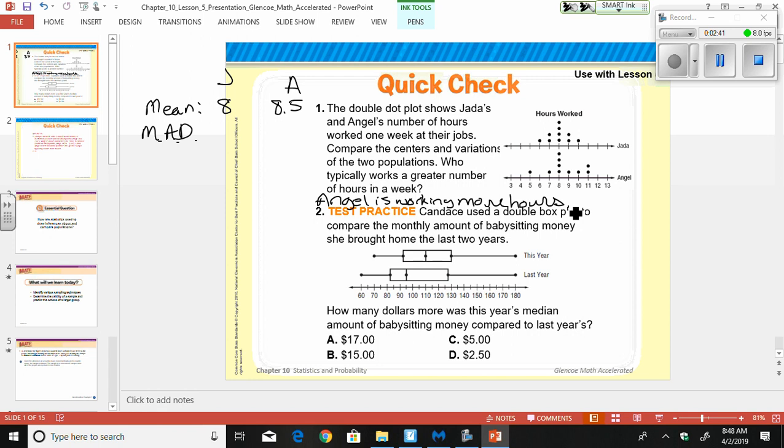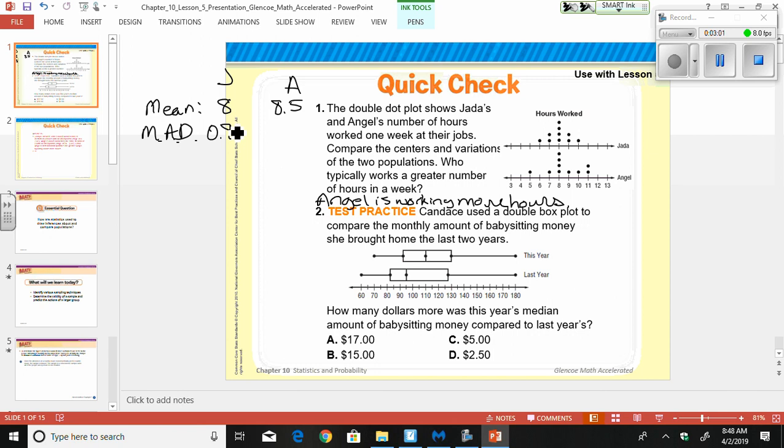And still, we're going to get our information here. So 8 minus 6, so that's 2, plus 1 plus 1, plus 0 plus 0 plus 0 plus 0, plus 1 plus 1 plus 2, divided by 10. So we have a deviation of 0.8 between each one.